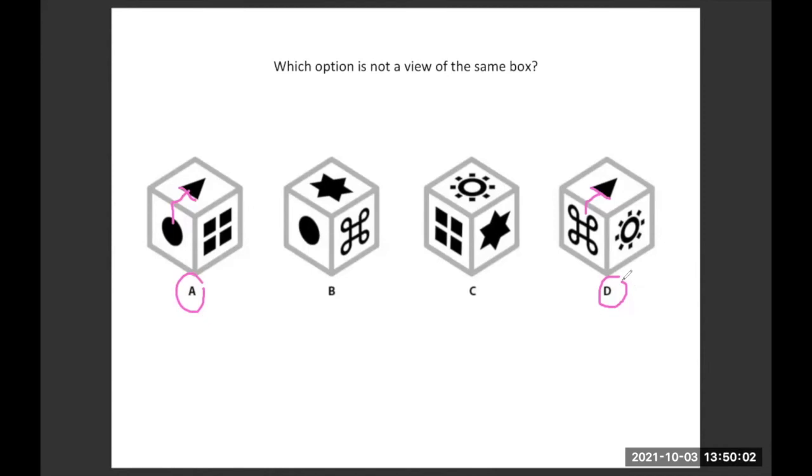Any other suggestions? What else should I look at in this? Ma'am, we can assume that B and C are correct and then match it according to A or D.